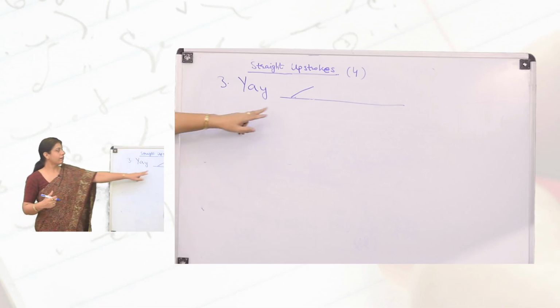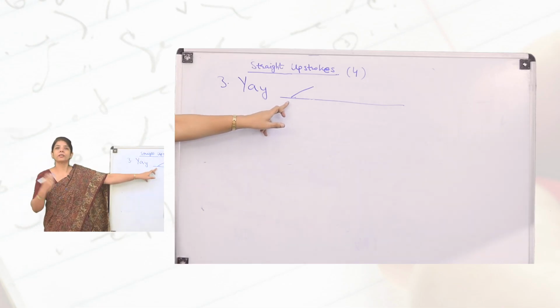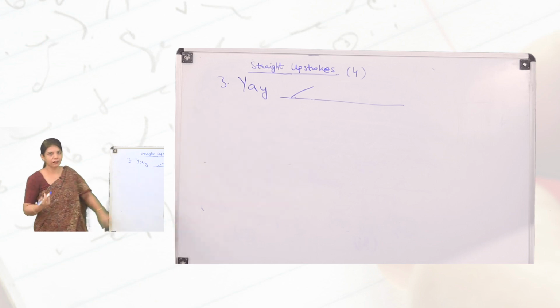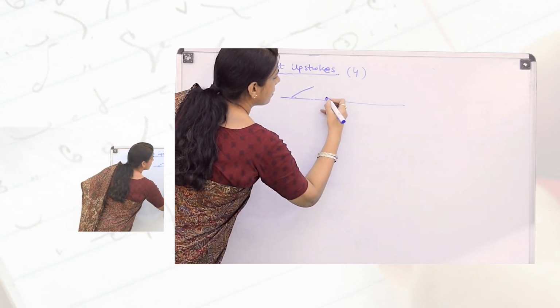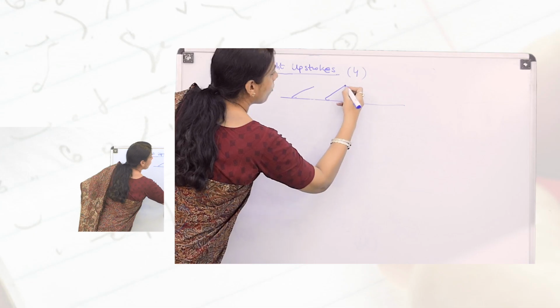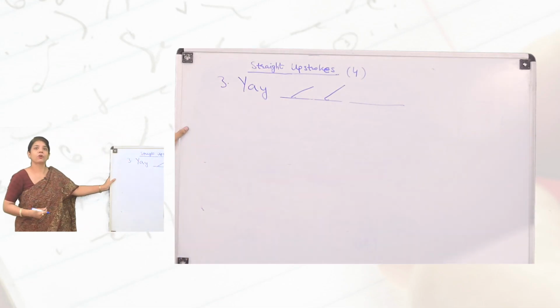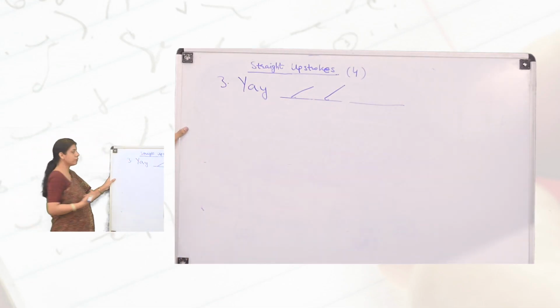And again, while giving a pause over here, please do not lift your pen or pencil. Make sure you give a pause, and at the same time you are not lifting your pen or pencil in between.